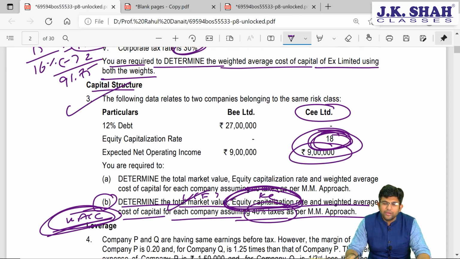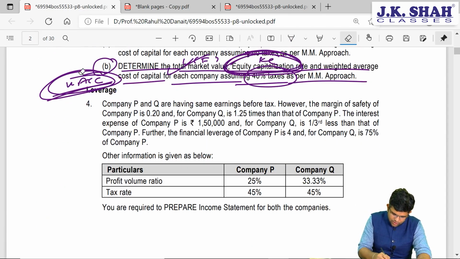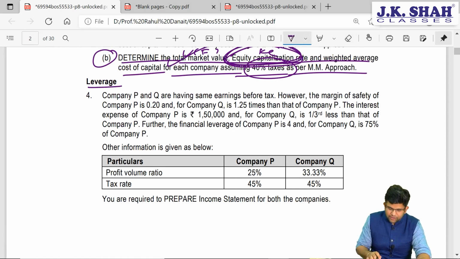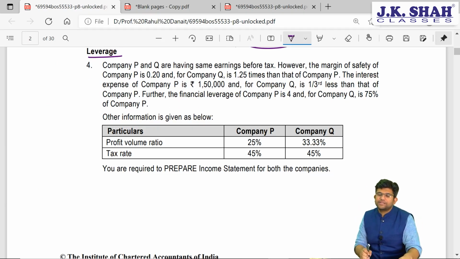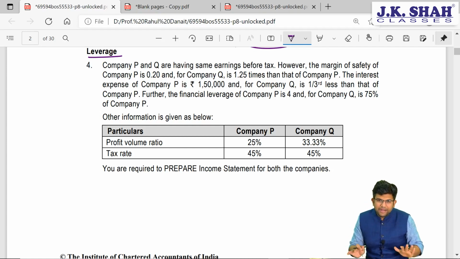Now students, let us go to the next question, which is based on a very interesting chapter called leverages. Let us now try to understand this. This question of leverages is again based on the concept of missing figures, where some data is given and you have to make that income statement from sales to NPAT and find the missing figures.